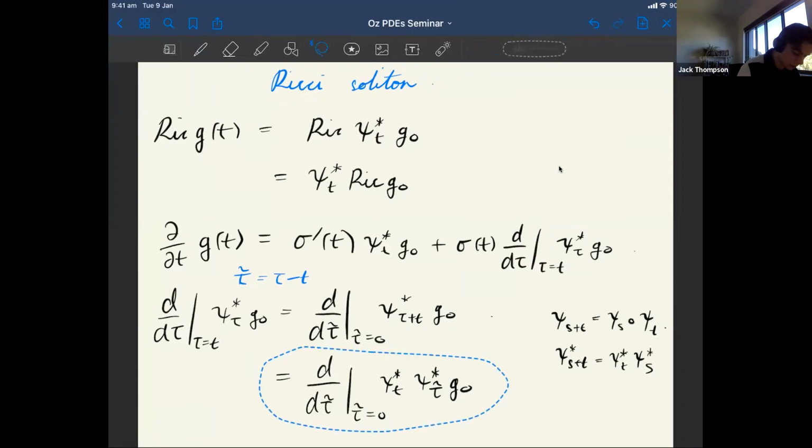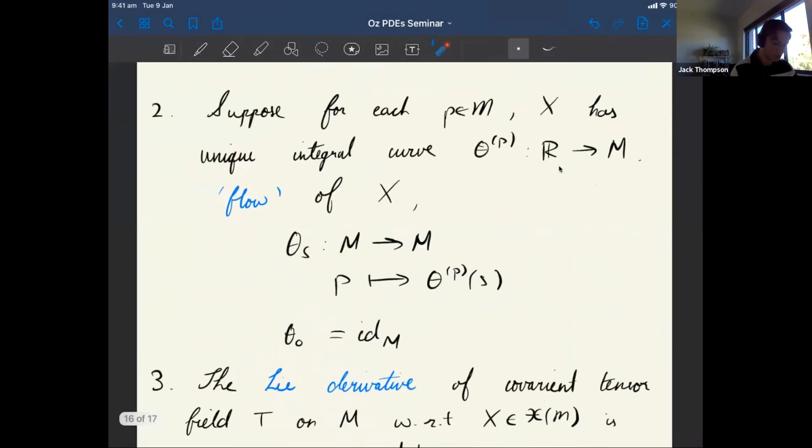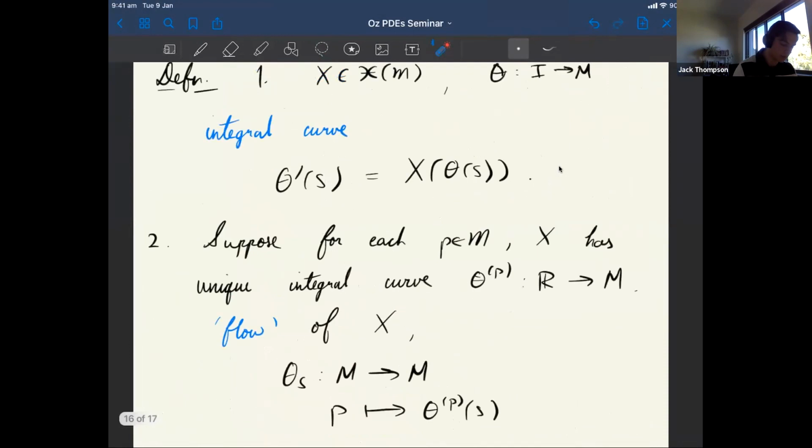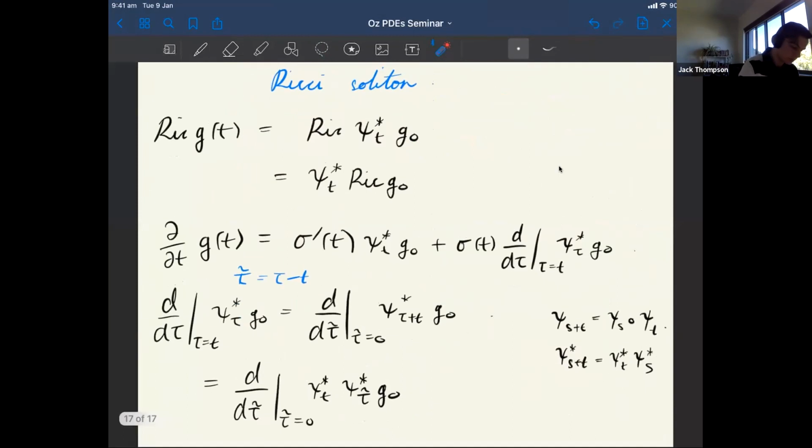So now the point of this computation is that this term here doesn't depend on tau. So I can pull him out the front. And then this with this is exactly the definition of my Lie derivative here if psi is generated by some vector field. Now I'm running out of time, so I'll just finish this off and we won't actually discuss anything further.